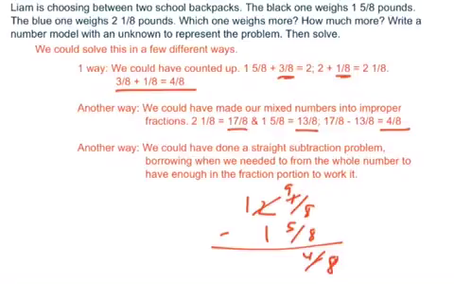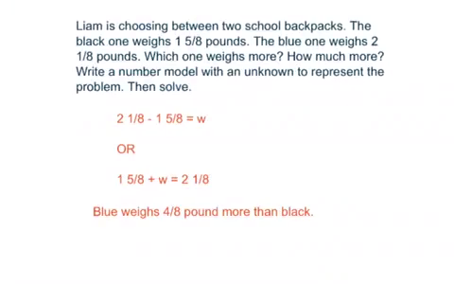So, always I could have done it. My number model: 2 1/8 minus 1 5/8 equals W. I picked W for weight, but you could pick whatever letter you wanted. Or you could look at it as 1 5/8 plus whatever that letter is for the unknown equals 2 1/8. Either of those would be great. You cannot do it the other way around, though.